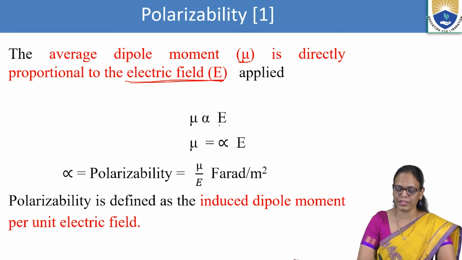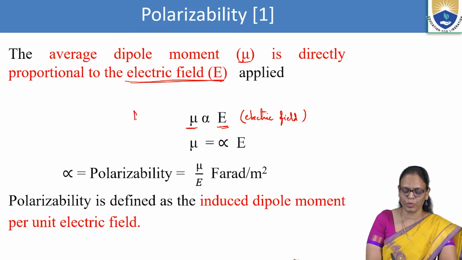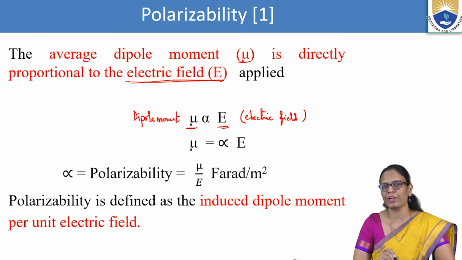As the electric field increases, the dipole moment also increases. So mu is proportional to E, where E is the electric field and mu is the dipole moment. So the dipole moment is proportional to the electric field.